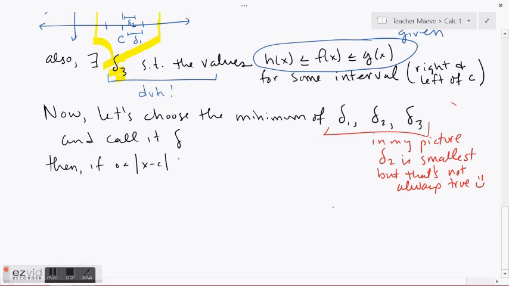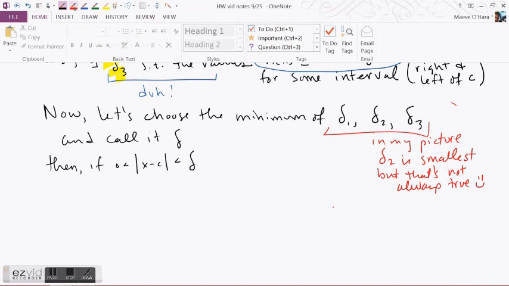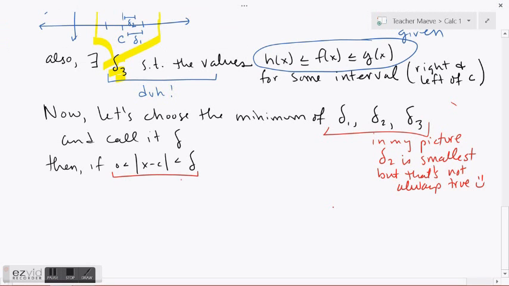Okay, so now that we have delta, then if 0 is less than the absolute value of x minus c is less than delta, this delta that was the smallest of our delta 1, delta 2, delta 3.